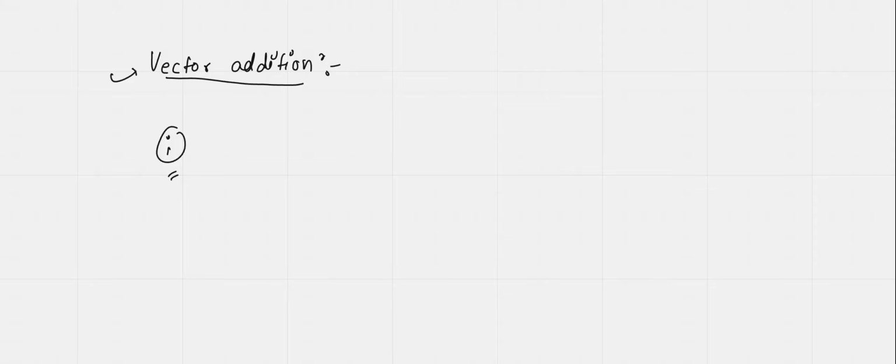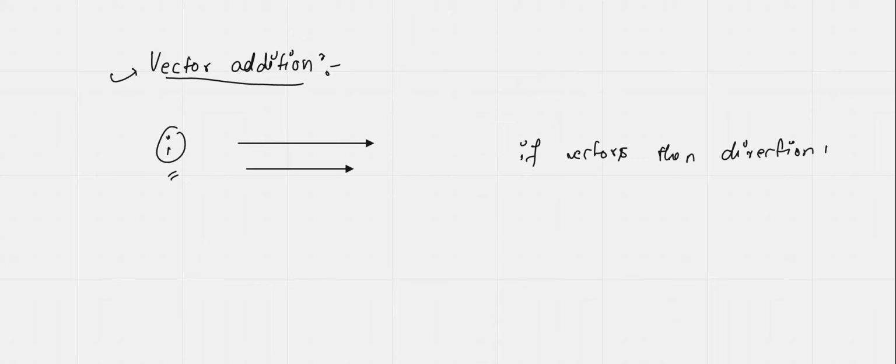The first is the normal method. Assume you are given two vectors which are parallel to each other. One main property is that if vectors are parallel, then their direction is also the same, equal.